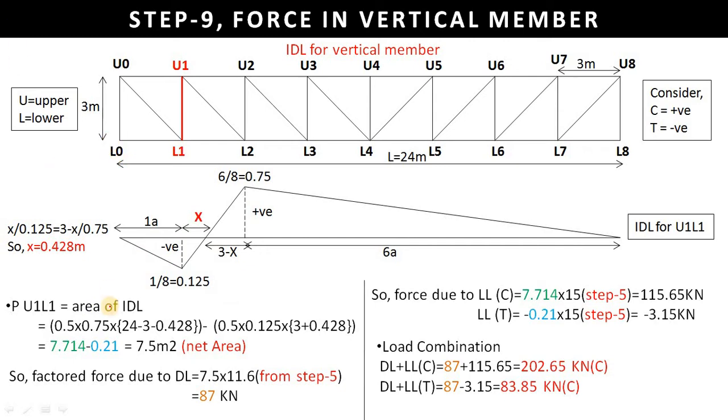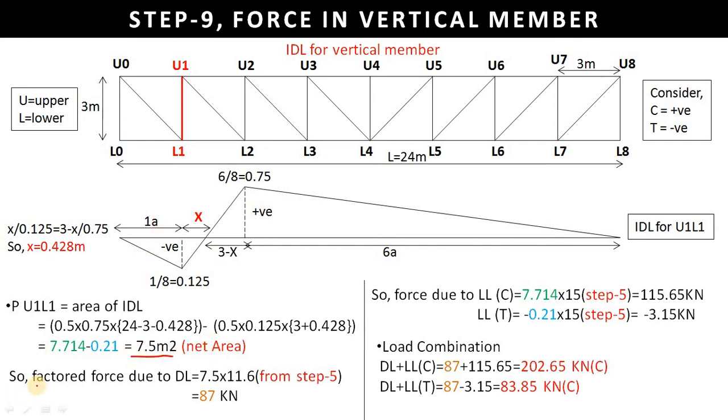Now what we will do is, we will have the solution for this particular positive side. So it is 7.714, and the answer for the negative area will be 0.21. So by deducting this, we have found the net area as 7.5 meter square.